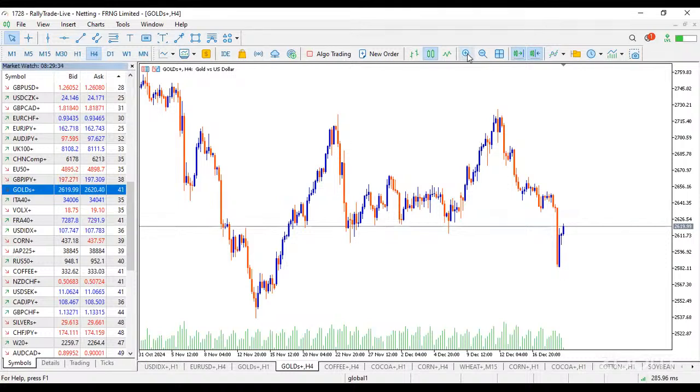In reality, when the market offers buy side liquidity.